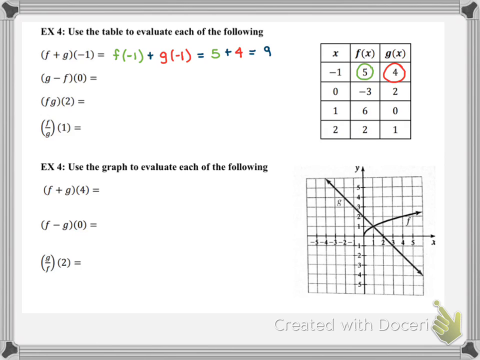So g minus f of 0, we're looking for g of 0 minus, I feel like I should be consistent with my colors, g of 0 minus f of 0.